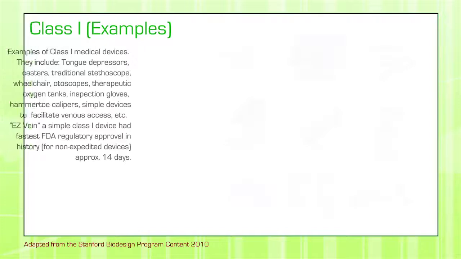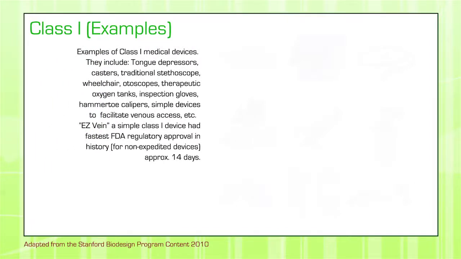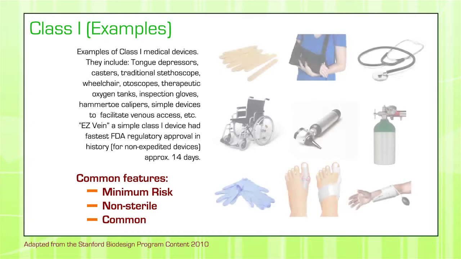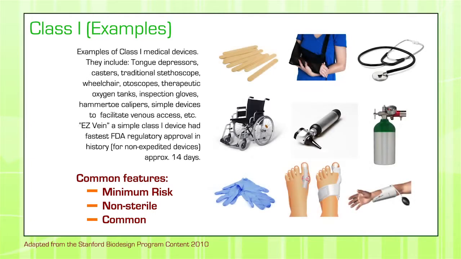But you can see that here in this slide, in class 1 there are many devices that are included that you can actually modify to get approval on a device that has a significantly clinically relevant effect, but that also has a very unburdensome means to regulation, such as class 1.